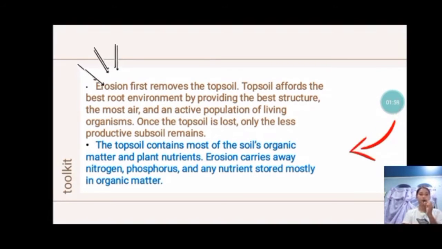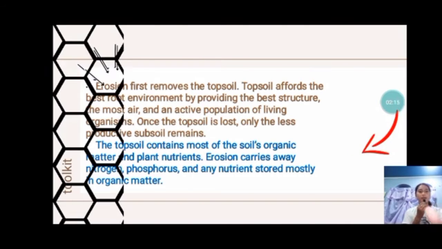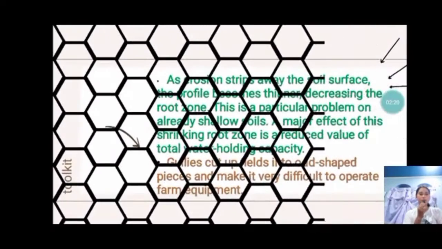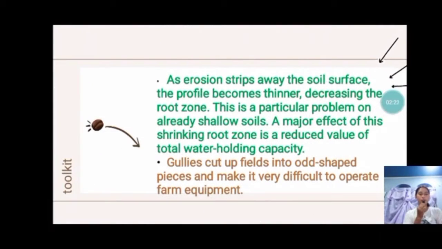Next, the topsoil contains most of the soil's organic matter and plant nutrients. Erosion carries away nitrogen, phosphorus, and other nutrients stored mostly in organic matter. The third one is that as erosion strips away the soil surface, the profile becomes thinner, decreasing the root zone.